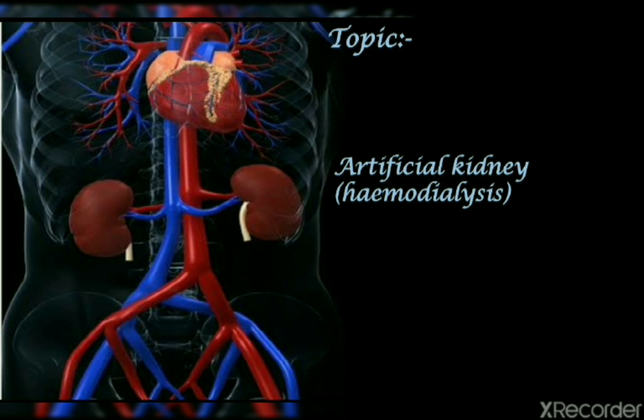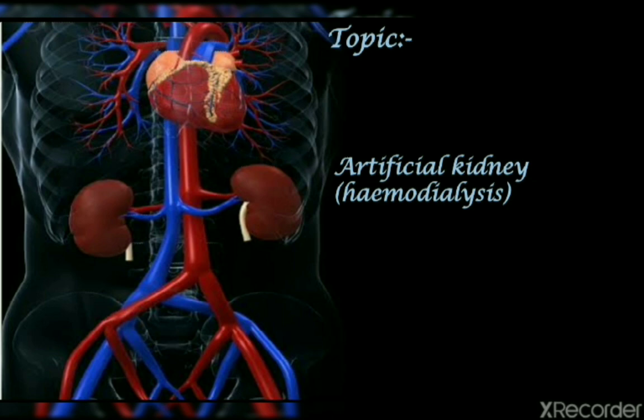Because the work of the kidney is done by it, first thing. Second thing is what is the requirement, why we use that one? Because there are so many patients whose kidneys are not functioning properly.